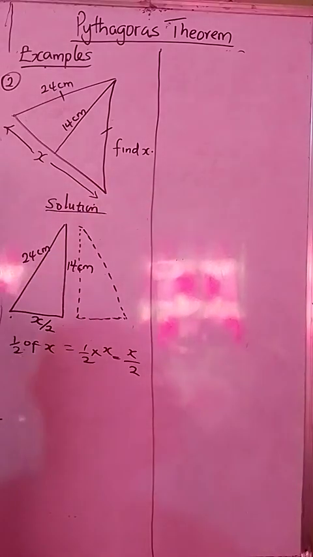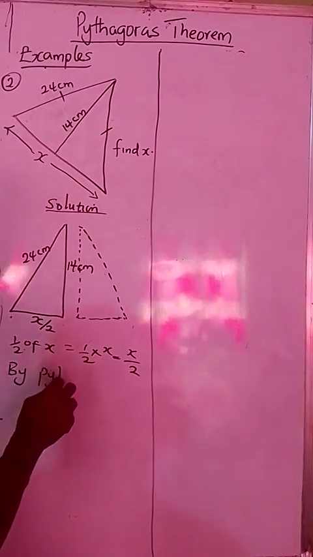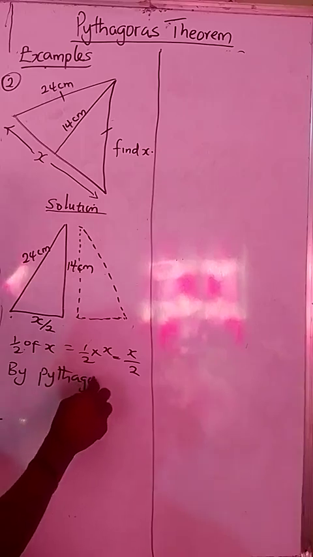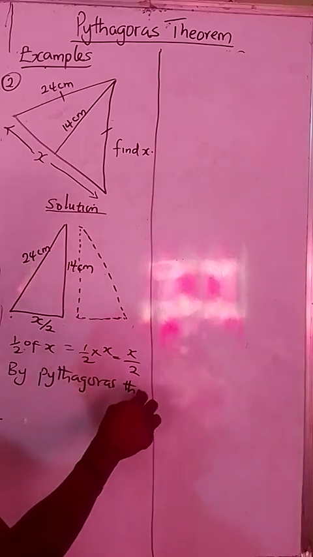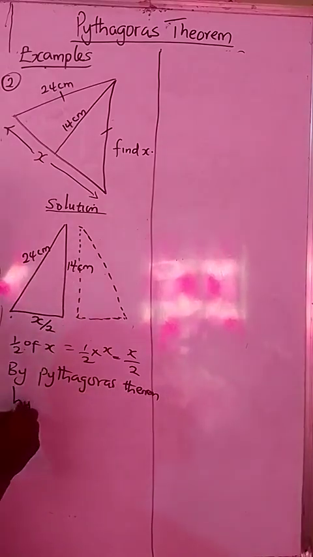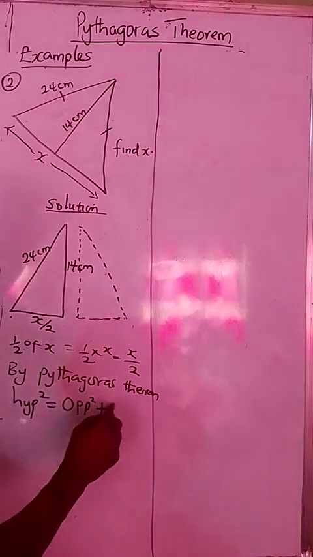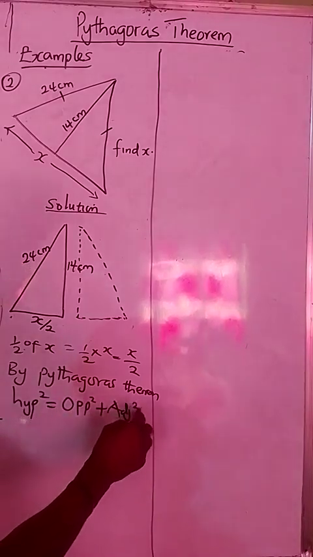So, we are asked to find x. So by Pythagoras Theorem, our hypotenuse square is equals to opposite square plus adjacent square.